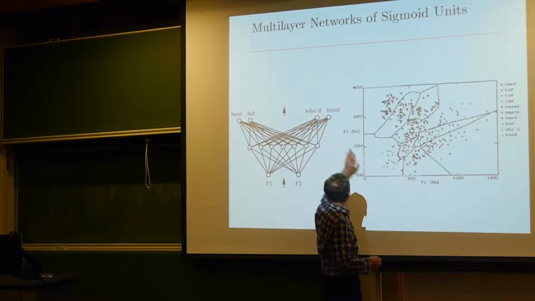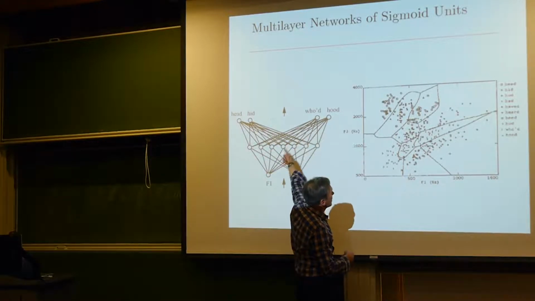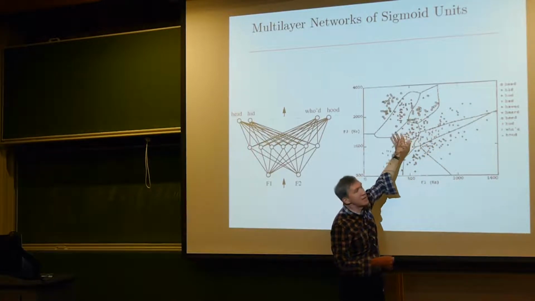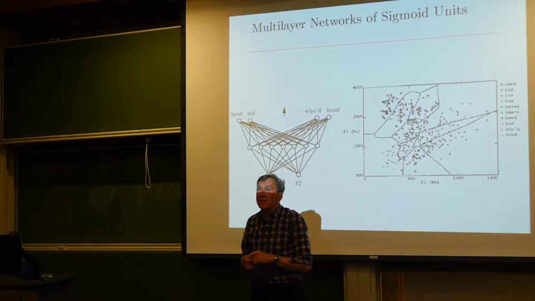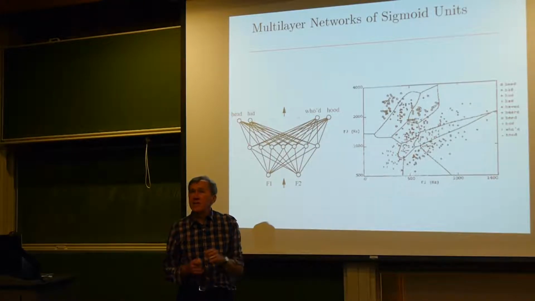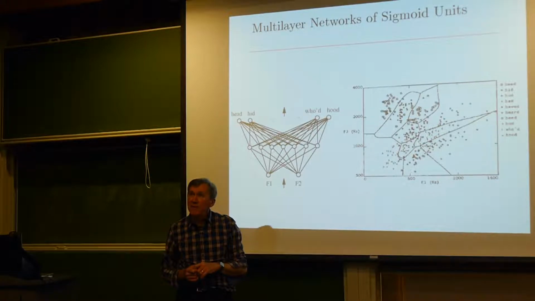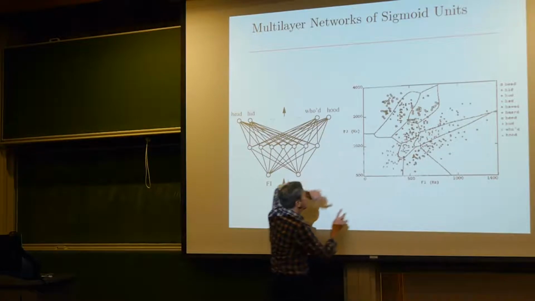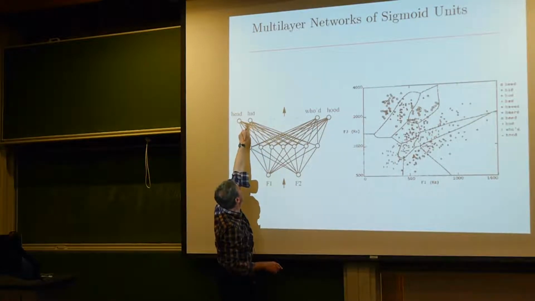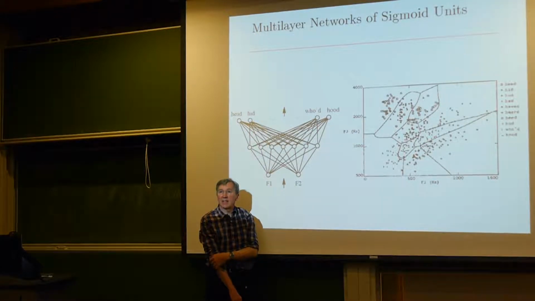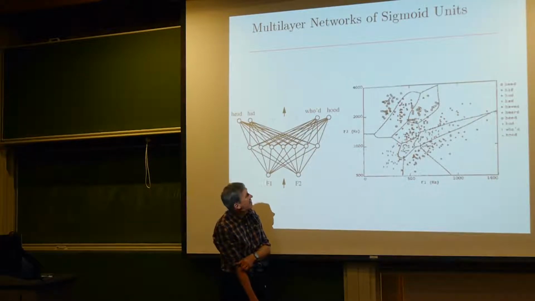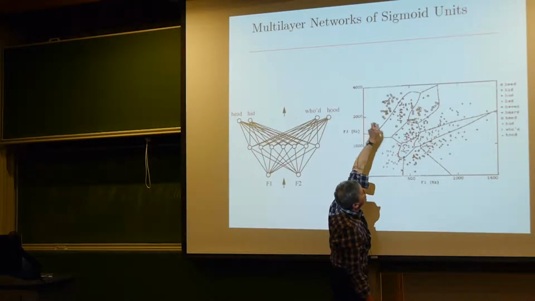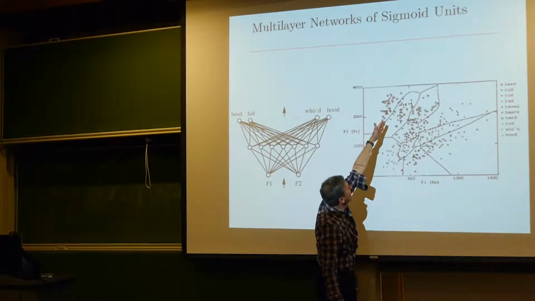But the decision surface that's learned by this network, the function that it actually learns, carves this space up into different regions, where each region is defined by the set of points where the network, given that F1 and F2 input, will output one of these labels as its prediction. Okay, so here's the region up here where it will predict heed, for example.